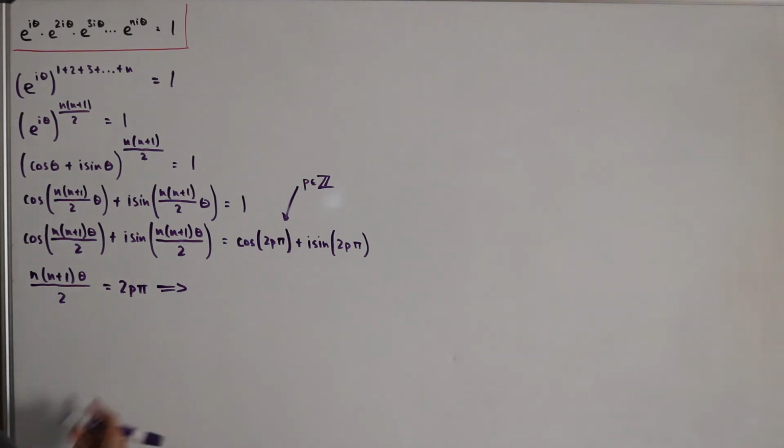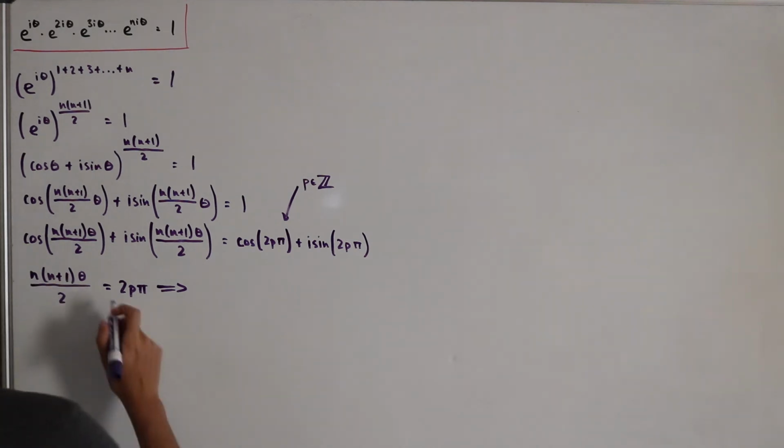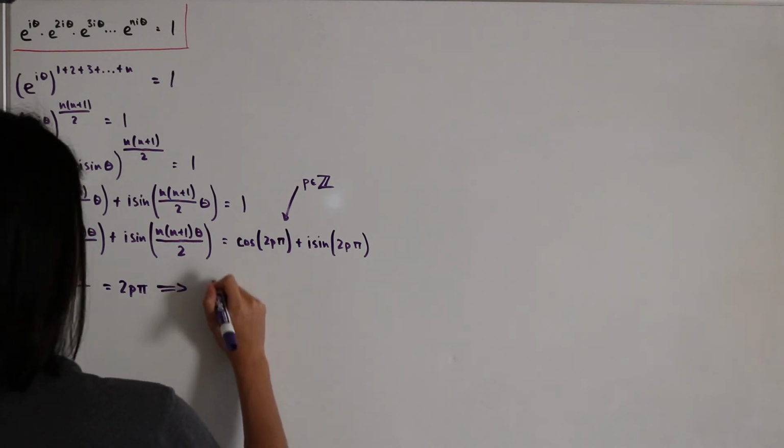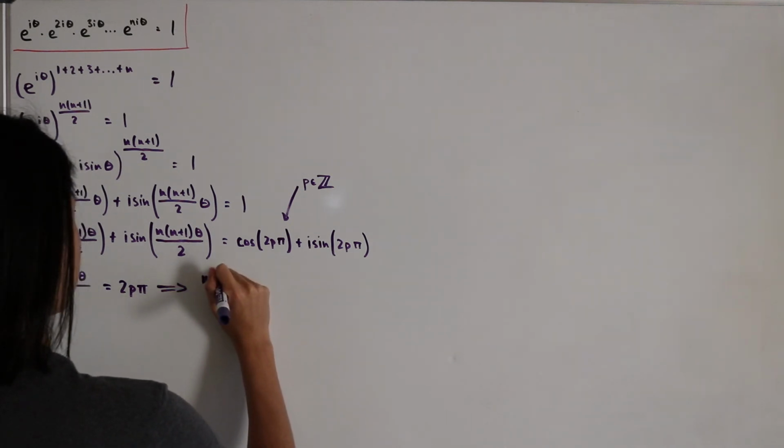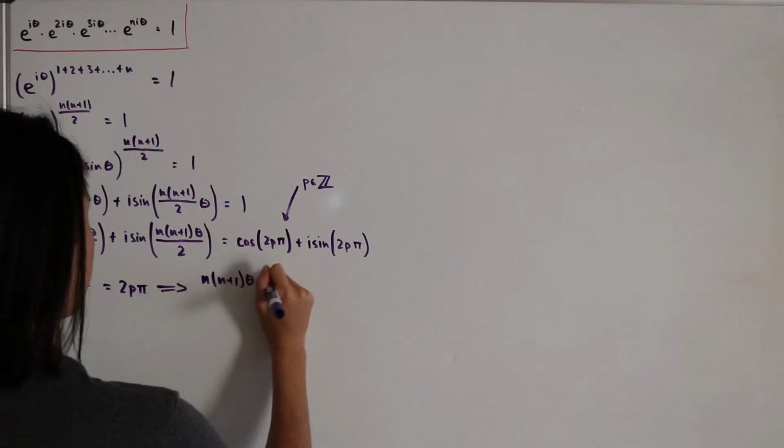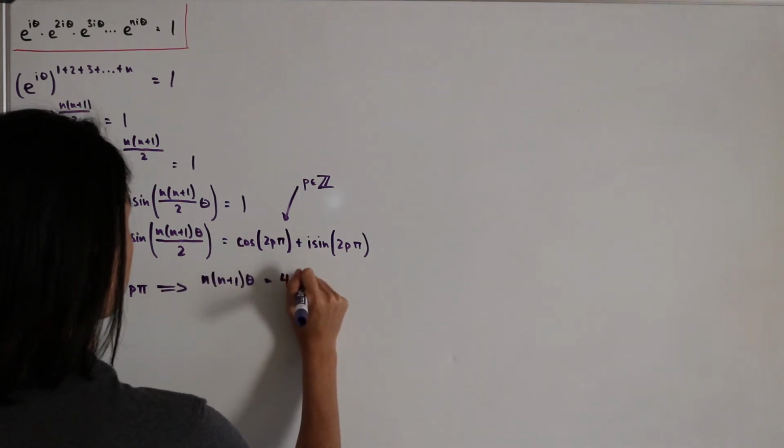So now we can solve for our value of theta. What I'll do is multiply the 2 to both sides, so we have n times n plus 1 times theta equal to 4p pi.